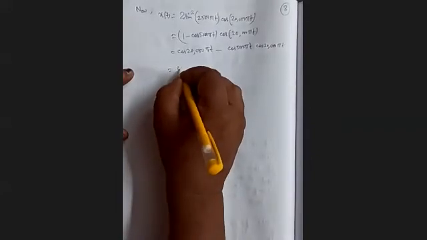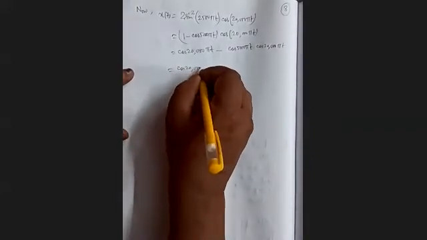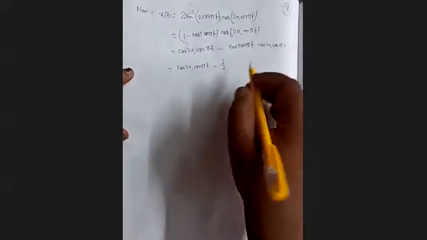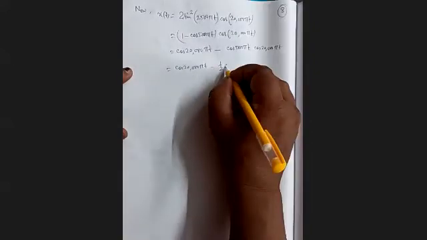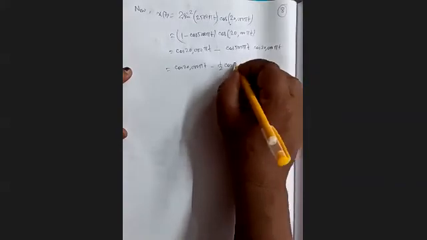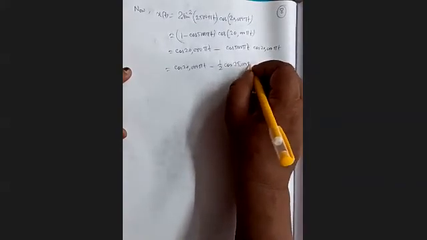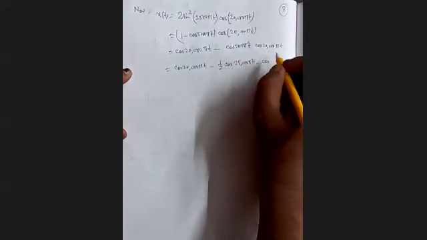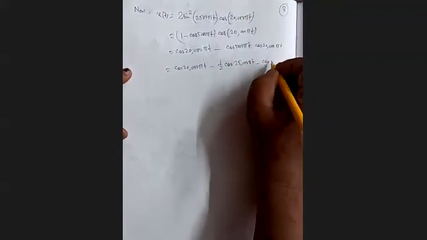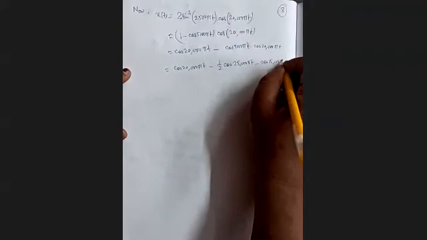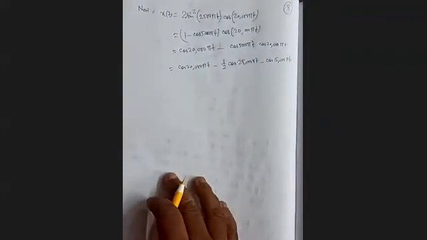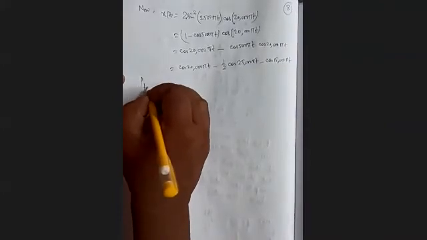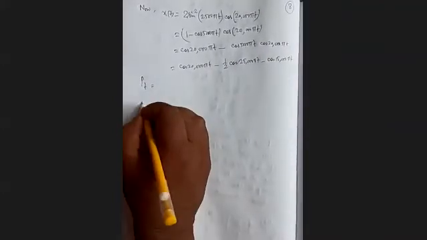Now it's not yet complete. Cos A cos B is half of cos(A plus B), 25,000 pi t, minus cos(A minus B) or (B minus A), so 15,000 pi t. So what is the power PT? Average power.